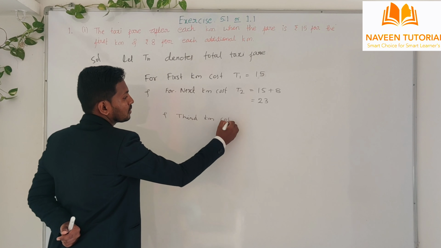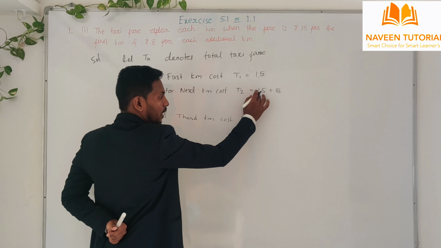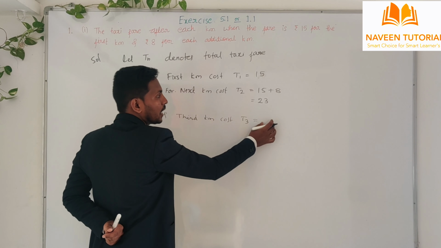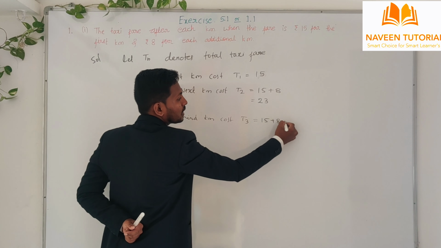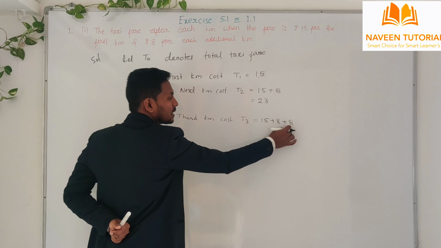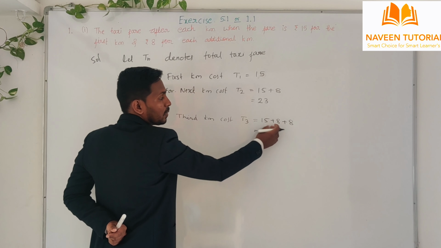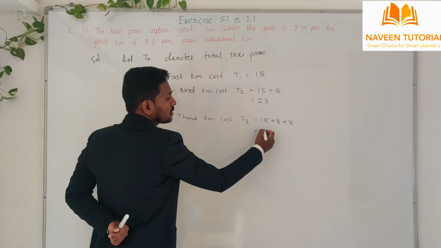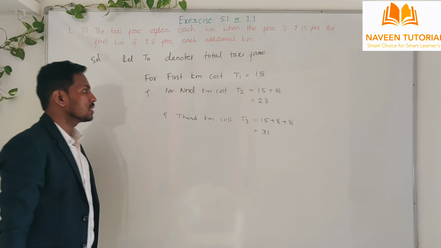third kilometer cost, that is T3, is equal to 23 plus 8, or 15 plus 8 plus 8, because we moved 2 kilometers, first 8 and then second 8. 15 plus 8 is 23, 23 plus 8 is 31. So here we obtain T3 value is 31.